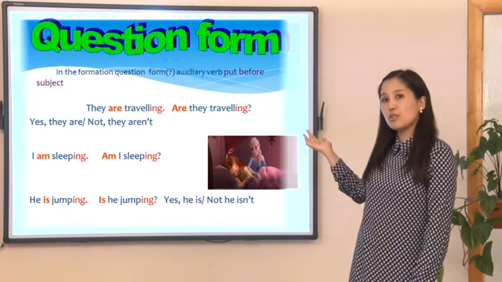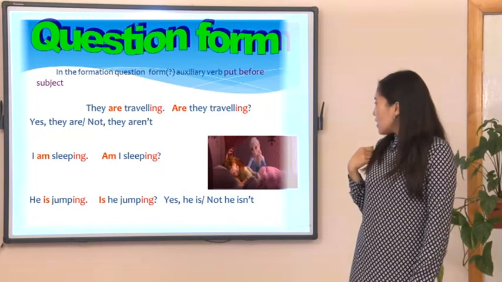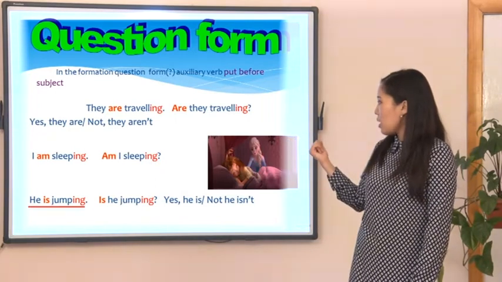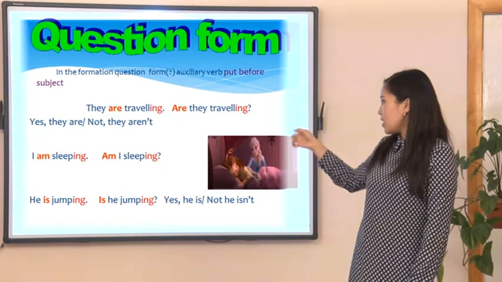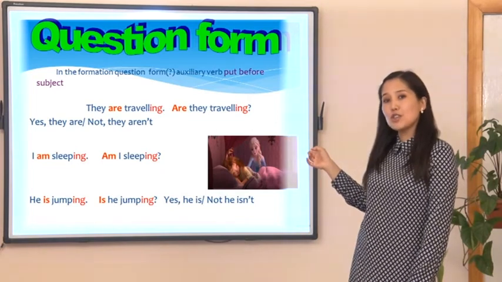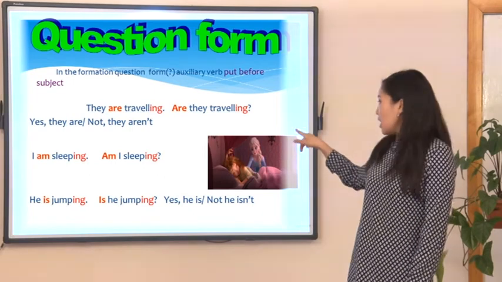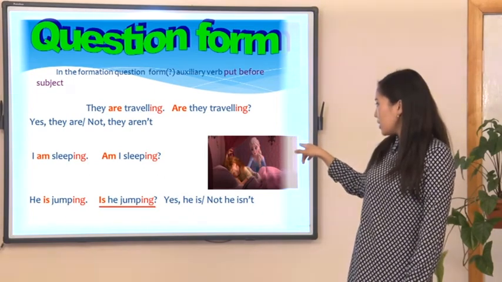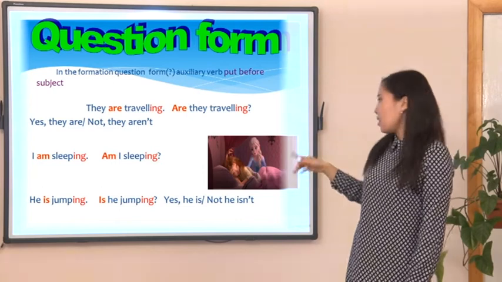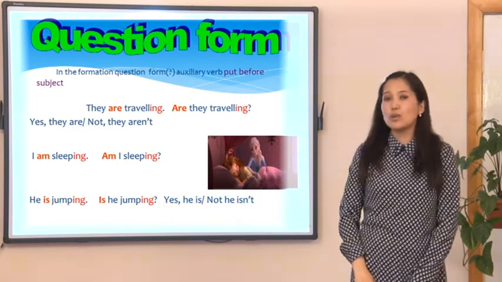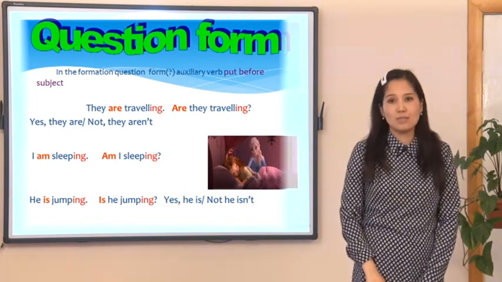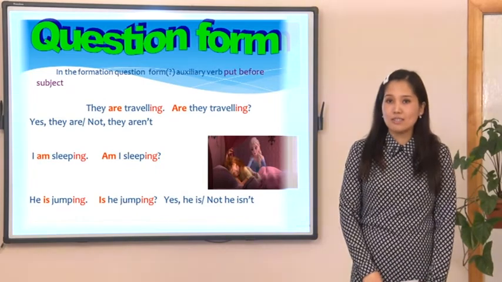It's question form. And the last one, he is jumping, is positive form. Then we make question form. How do we change our to be? Is he jumping? It's question form. And answer yes, he is, or no, he isn't. I think you understand.